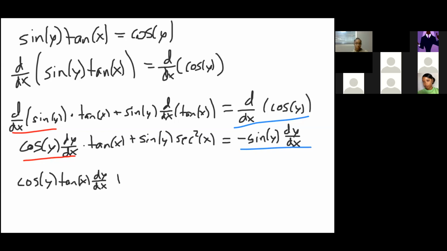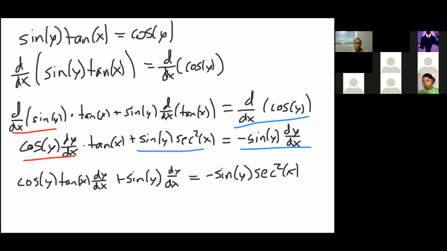I can add the sine of y times the dy over dx to both sides. And then for sake of brevity, because we need to get out of here, I'm also going to subtract a sine of y times that secant squared of x, because that was a term that did not have a dy over dx.